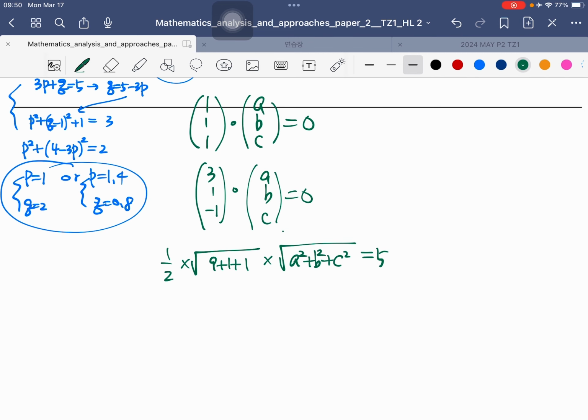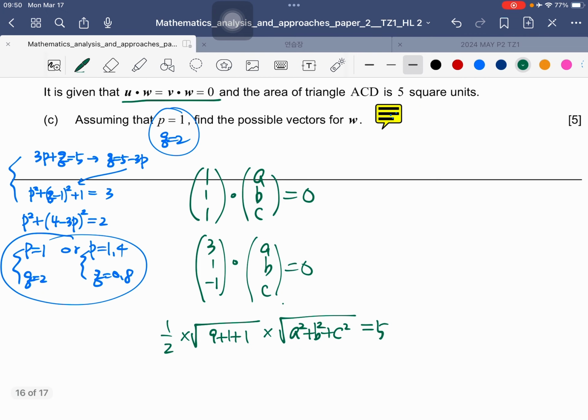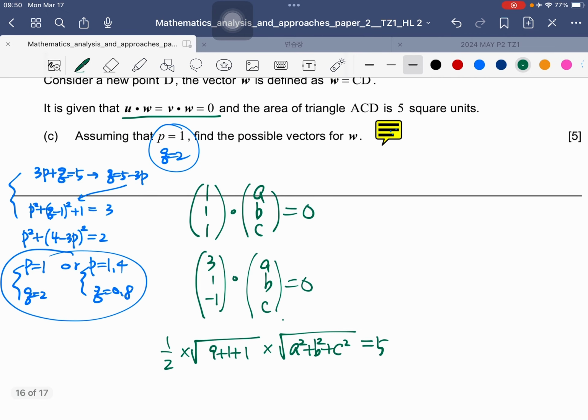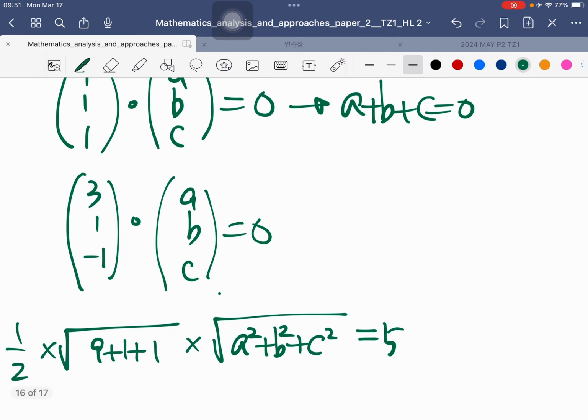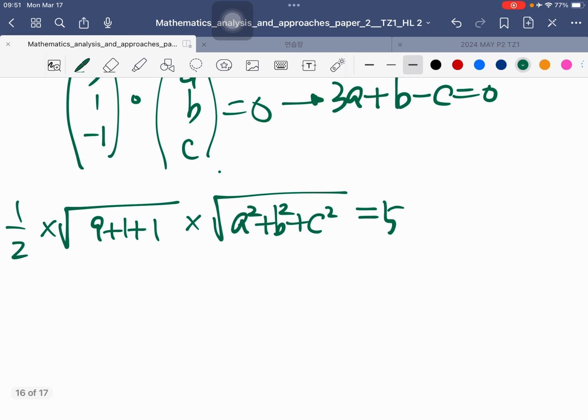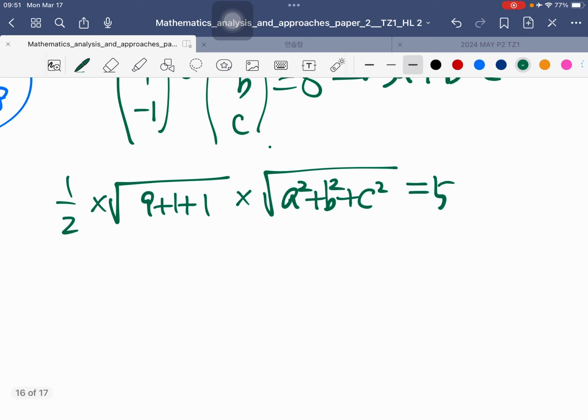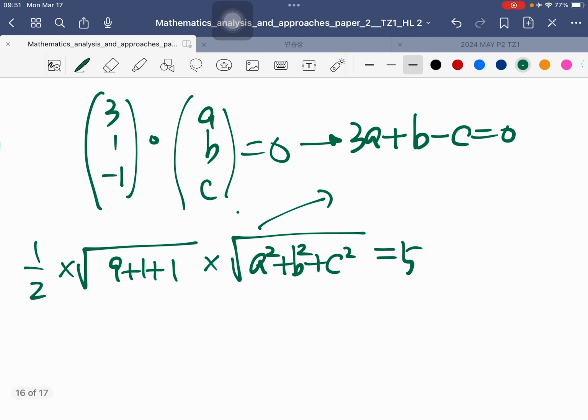Out of these conditions, we need to find A, B, C, that is, the vector W. From the first condition, we got A plus B plus C equals 0. From the second equation, we got 3A plus B minus C equals 0. Simplifying the third equation, we make the right side 10, and then square both sides.